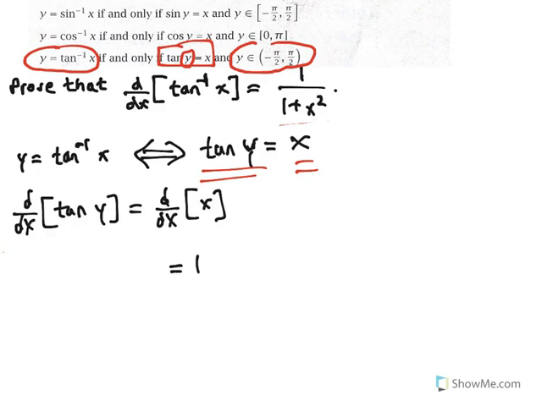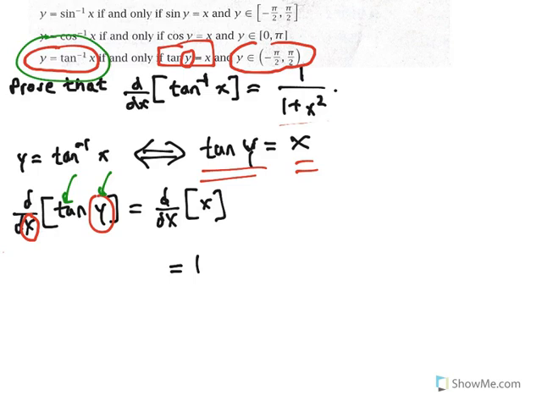On the left side, you're differentiating with respect to x, but the inside function is y, so we treat that as a differentiable function of x, and we have a composition of the outside function tangent and the inside function y, where y is some function of x. In our particular case, it is, of course, the inverse tangent of x.